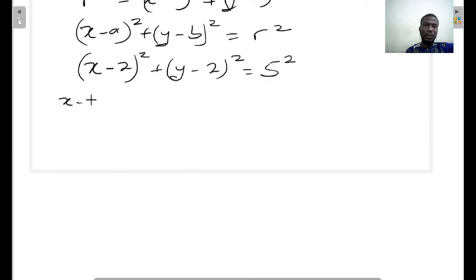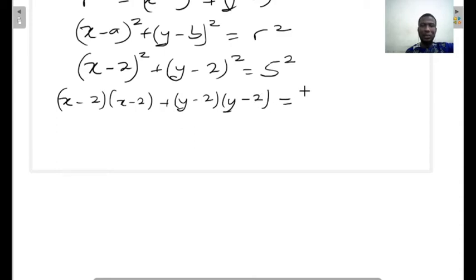This is (x - 2) times (x - 2) plus (y - 2) times (y - 2). And I'm doing this because of those who cannot use binomial expansion. But in the next example, I'm not going to be repeating these multiplications again. I'll just use binomial expansion.